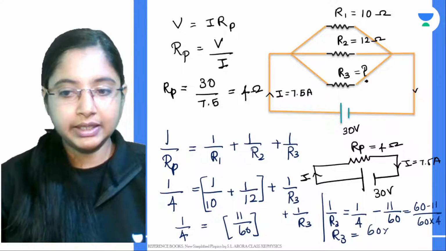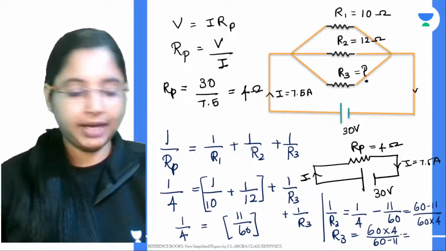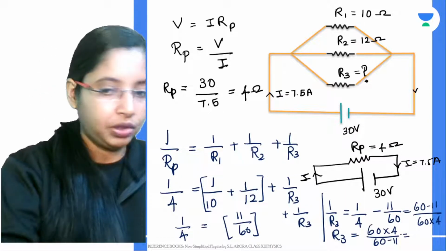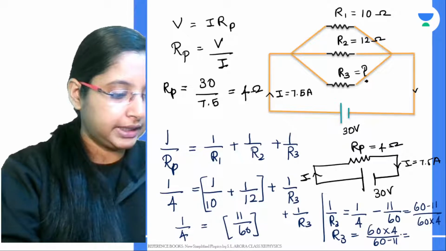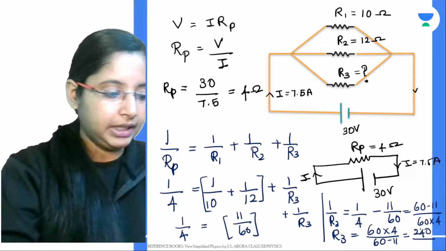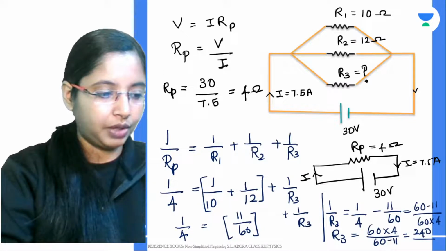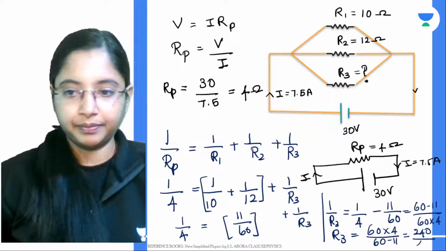That will be 60 into 4 divided by 60 minus 11. 60 times 4 gives you 240, divided by 60 minus 11.